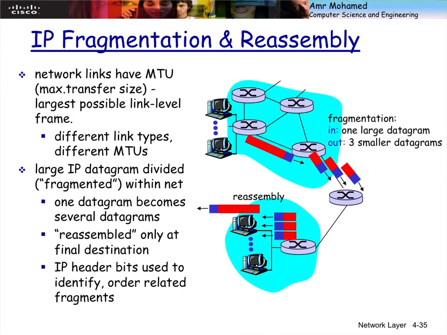Then we will talk about fragmentation and reassembly. So why do we need to have fragmentation? As we said, it's because the router may deal with different transmission media or different network technologies, like Ethernet, Wi-Fi, fiber optics, things like that.